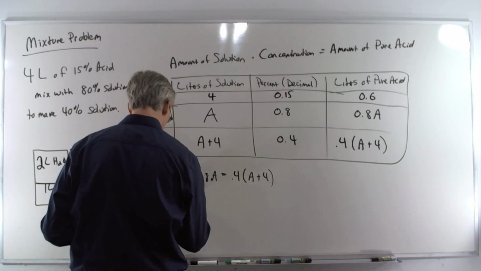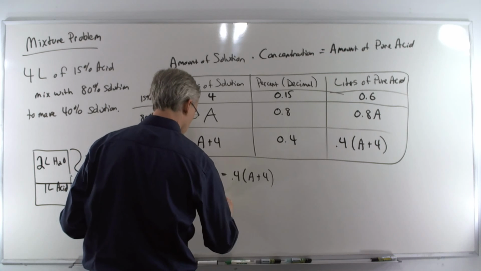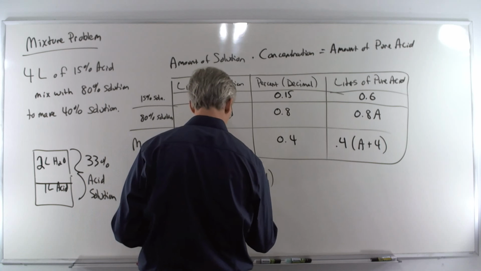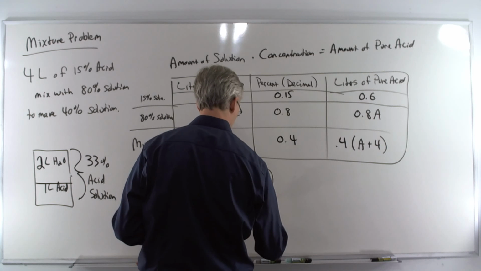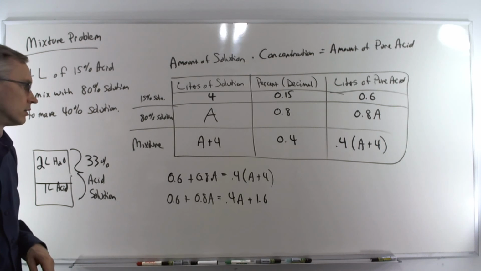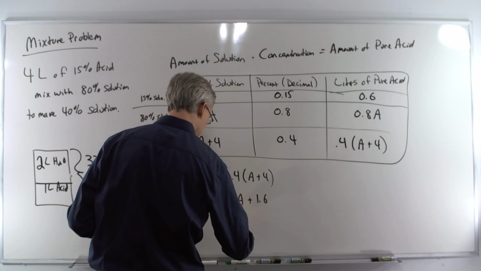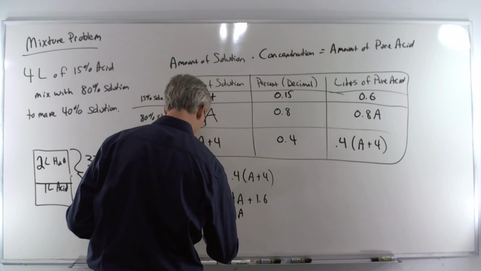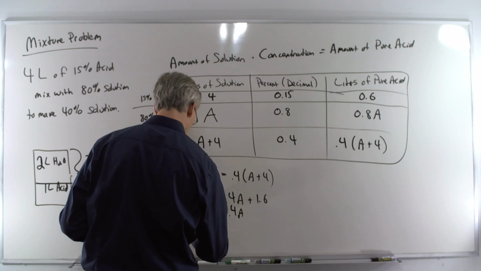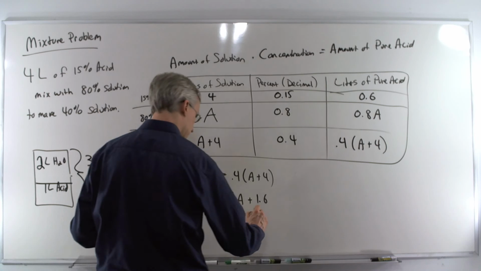I'm going to distribute here. All right, now I'm going to get all the A's to the left, so subtract 0.4A. And then we get all the numbers to the right, so minus 0.6.